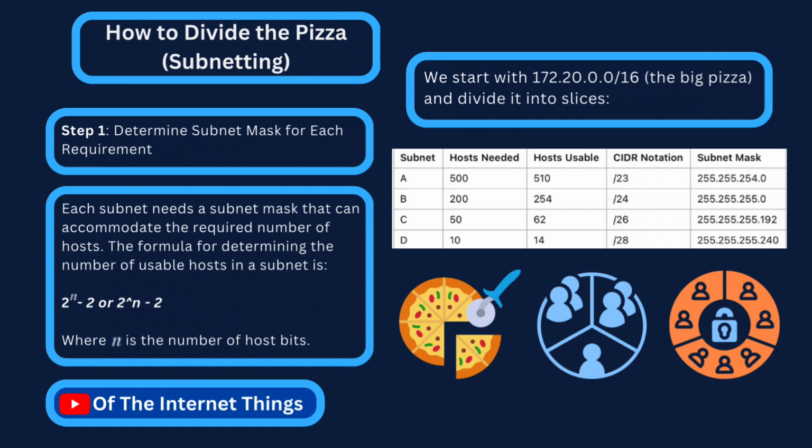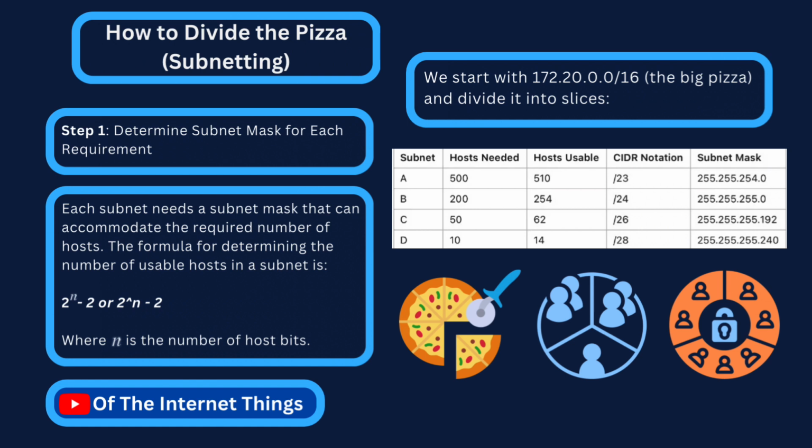172.20.2.0 to 172.20.2.255. For subnet C, which needs 50 hosts, a /26 CIDR is assigned, offering 62 usable addresses with a subnet mask of 255.255.255.192 in the range 172.20.3.0 to 172.20.3.63.